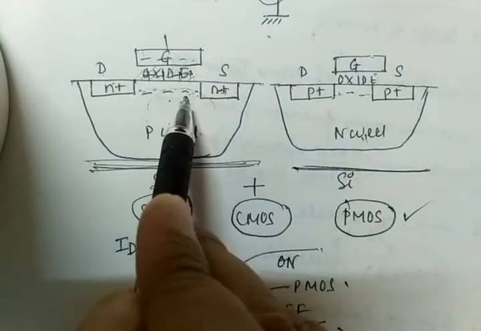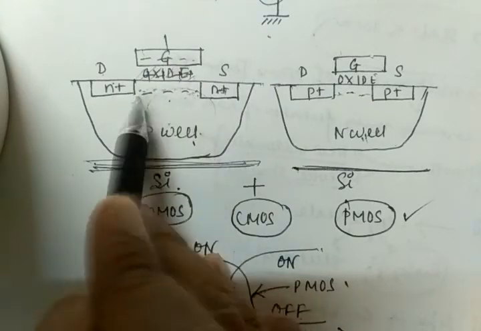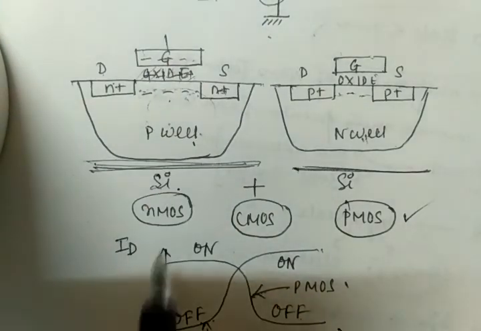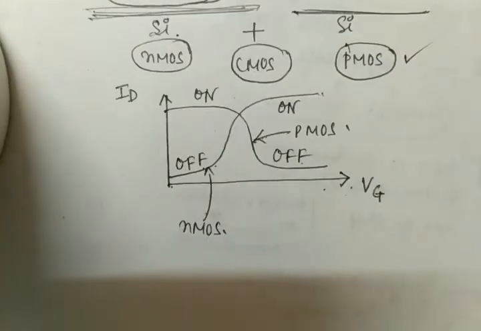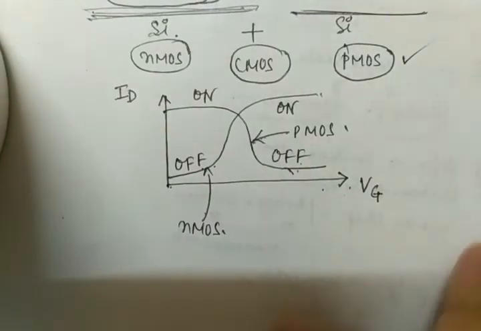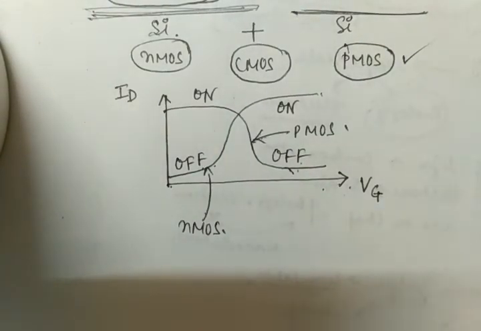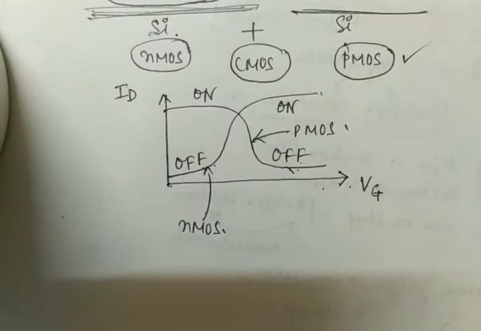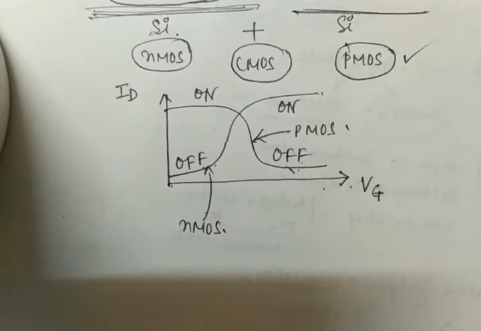This negative means electrons are there, so the N channel is formed. So NMOS is always on whenever the gate voltage is 1, and PMOS is always on whenever the gate voltage is 0. This is your assignment, to work out how it works. This is a very fundamental concept for any CMOS design and its principle of operation, otherwise it will not be understood, right?